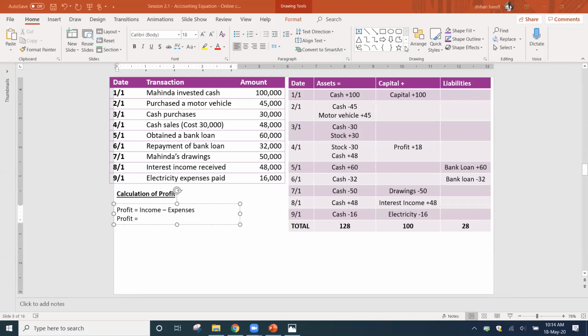So you see, what are the incomes? We have profit and there is an interest income. Some says 32, some says 50.